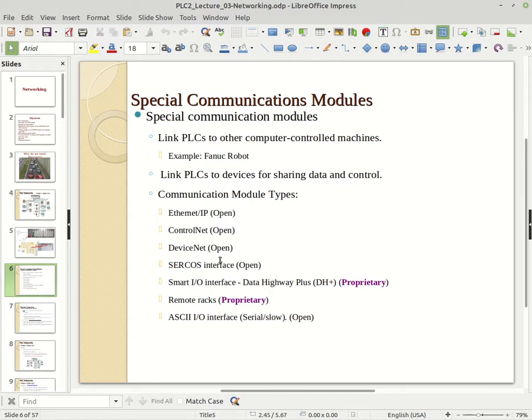One of the big things to note here is that the Data Highway Plus, which is kind of an older protocol, and just plain remote racks, these are proprietary. They basically only work with Allen Bradley type PLCs, where these other protocols are all open, meaning that any manufacturer could build a sensor or something that could communicate on this network and therefore communicate with a PLC or other device attached to this network.